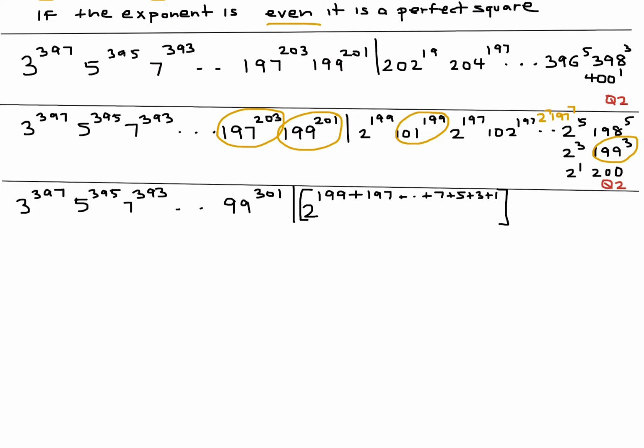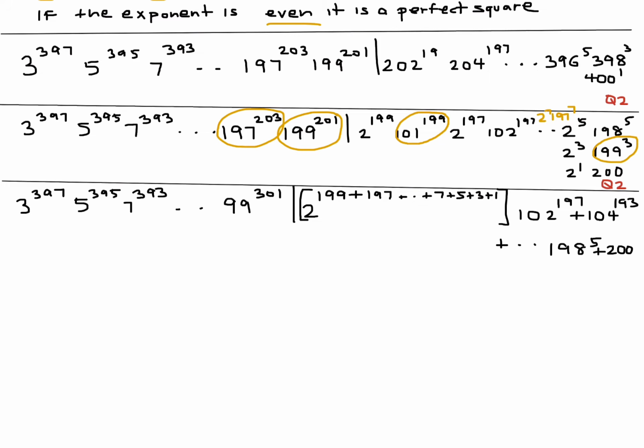And then what I have left over are the ones with the even bases. So 102 to the 197, it'll be 104 to the 193, and then so on, right? Dot, dot, dot. Eventually you get to 198 to the power of 5, and then 200.